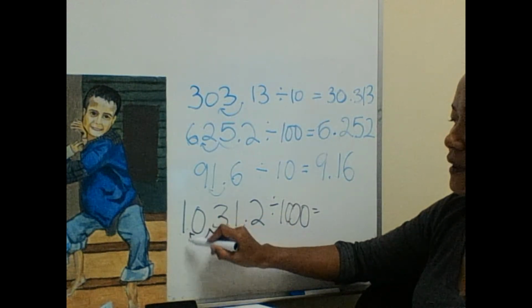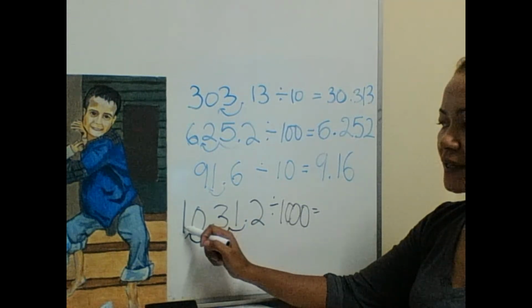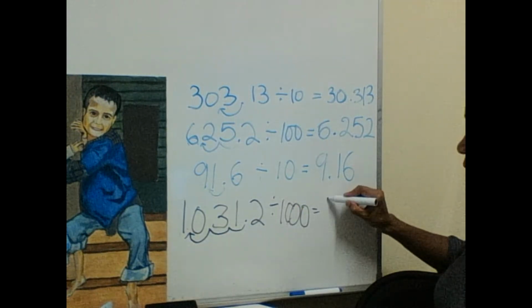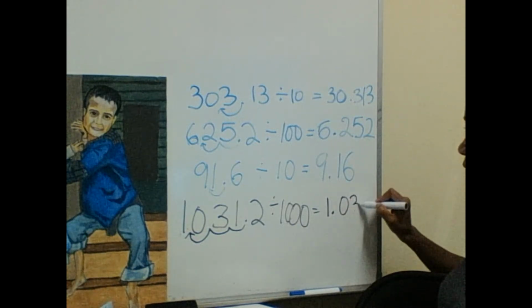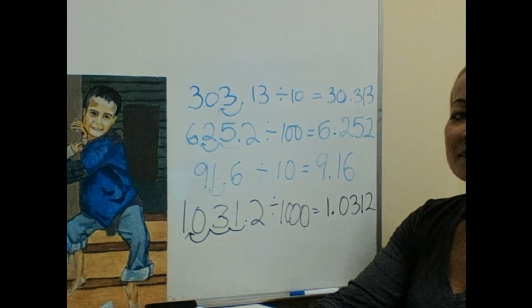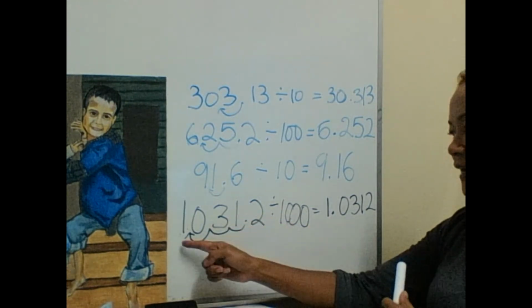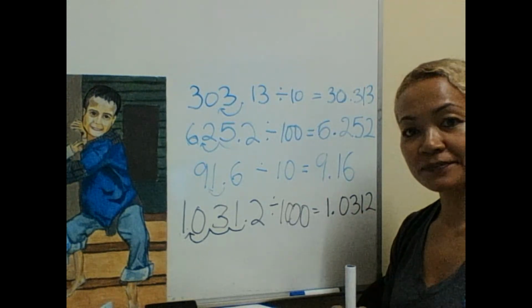And now this is where the decimal place will rest, between the 1 and the 0. 1.0312. Remember, you've still got to write all these numbers down. Thank you.